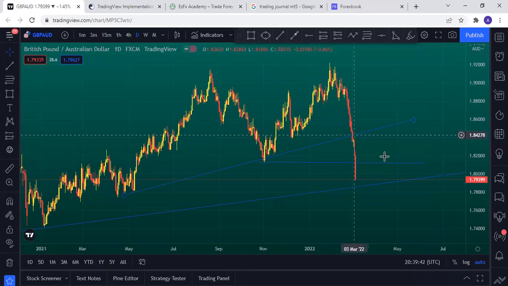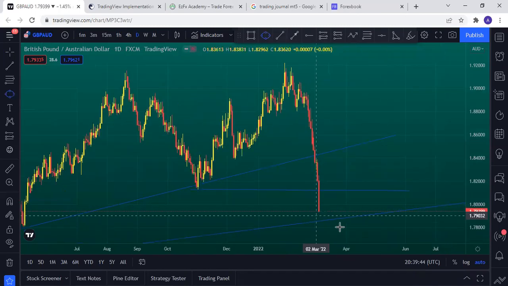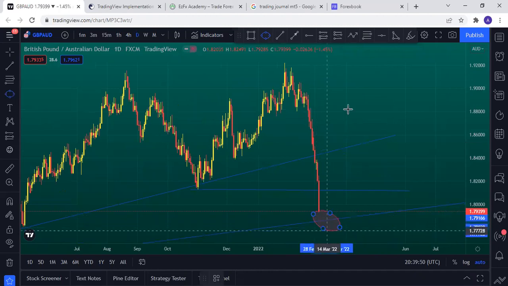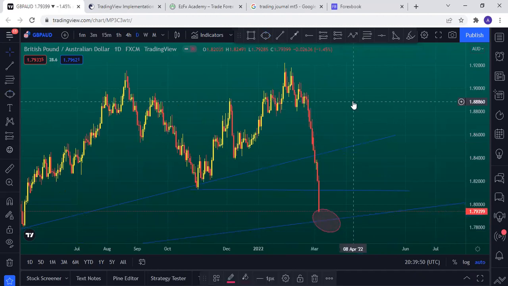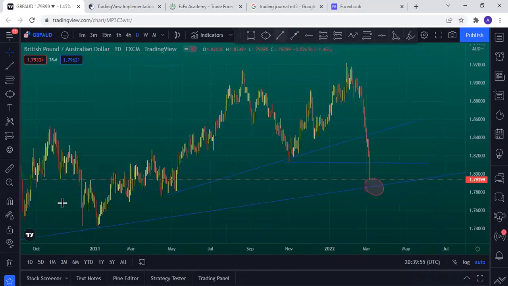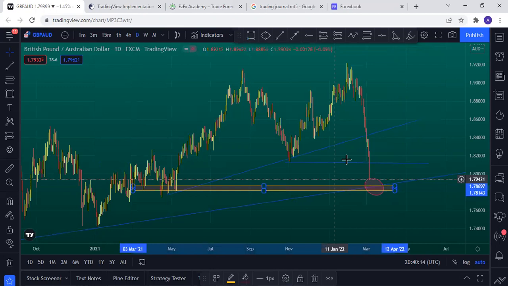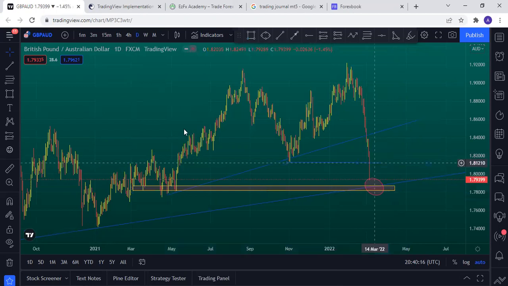What I want to see is what price does when it gets to this trend line, because once price arrives there, we would have some kind of equal lows with this area, or let me say this pivot zone. So we'll be expecting to see what price does around that area.